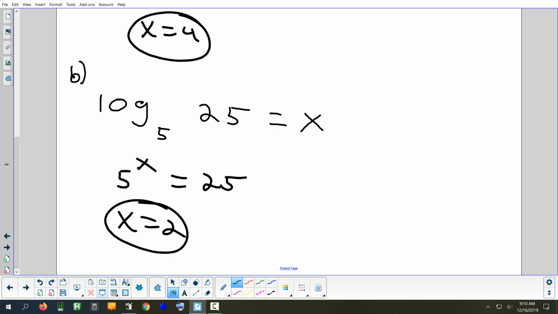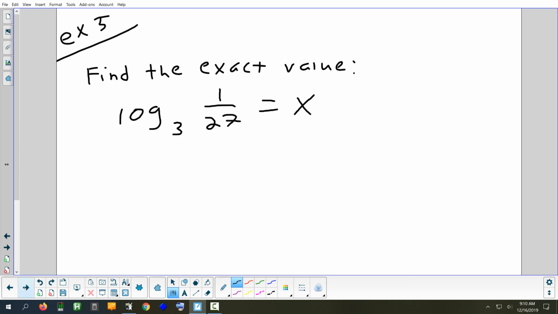So these are kind of like the ones that I showed you guys at the very beginning of class. Except for now, I'm picking nice numbers. By the end of the week, I can pick any number. It doesn't have to be 25. Question on that one? Let's try this one. So we got to remember what happens when you have fractions.